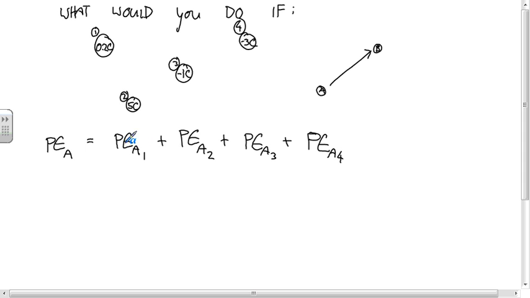Okay, so you'd have to do 4 potential energy calculations using that potential energy function. Then you'd calculate the potential energy at B, and then do the subtraction the same way.